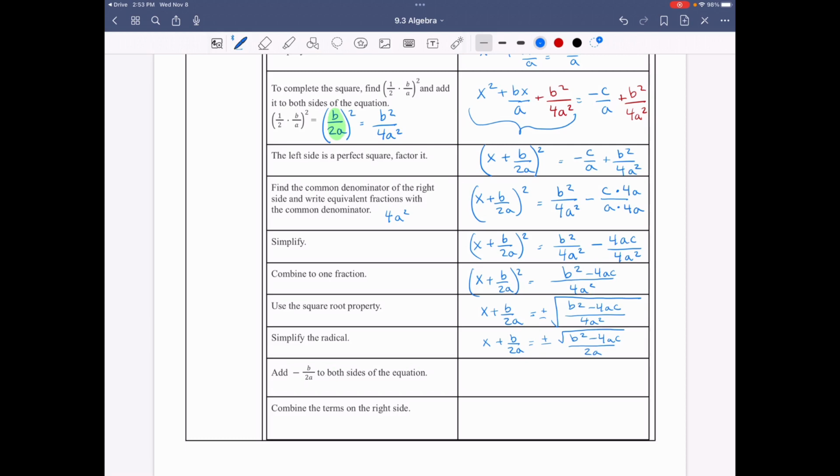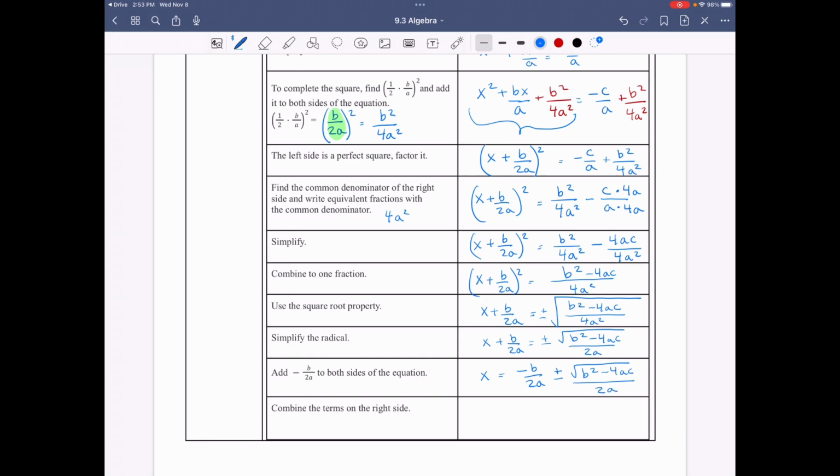The next step says to add negative b over 2a to both sides. So x equals negative b over 2a plus or minus the square root of b squared minus 4ac over 2a.